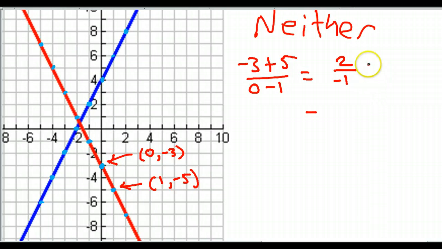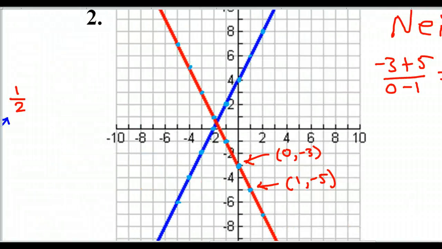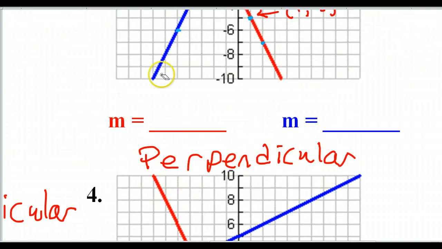So that's going to give me -2. Okay, 2 divided by -1 is -2. So that is the slope of the red line. Let's go ahead and put that on the line. Okay, so that's -2.